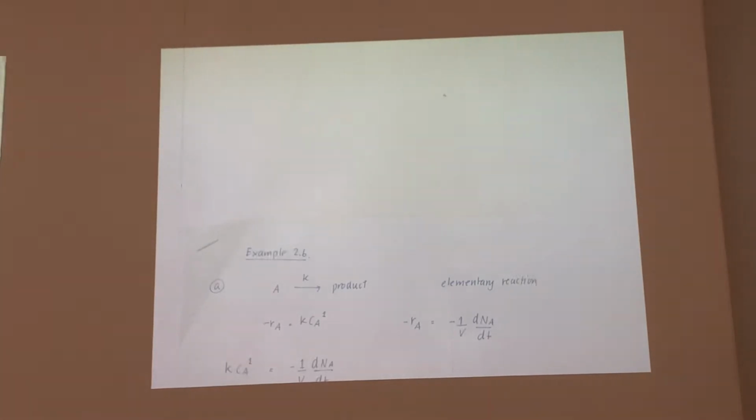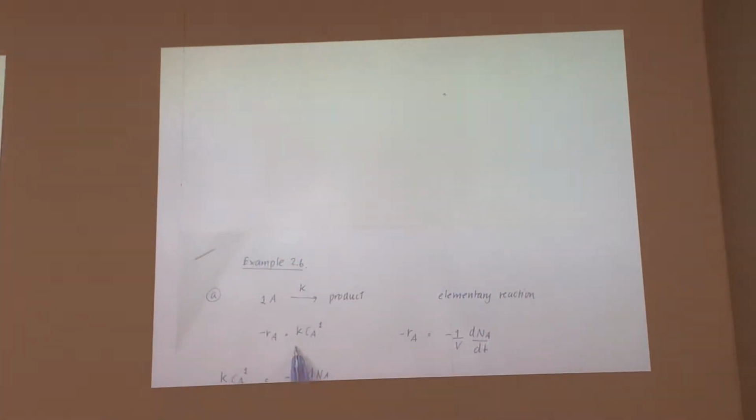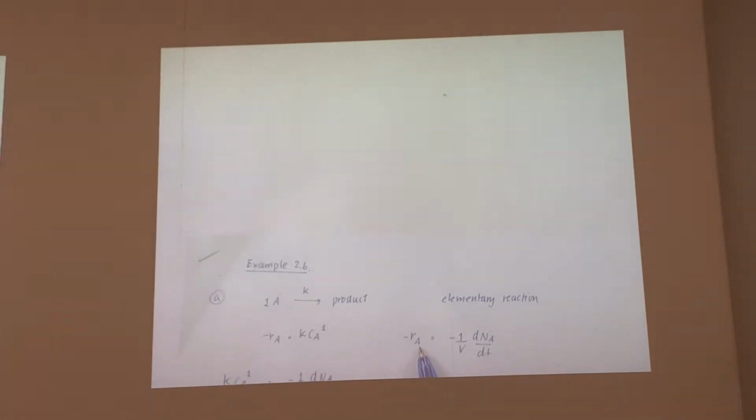In order to do this calculation, the first important thing is to come up with the rate of reaction. Just now I mentioned, it is an elementary reaction. The order of reaction for A will be the same as the number 1 here. This one is easy. After that, the rate of disappearance of A will also equal 1 over V, dNA over dt.